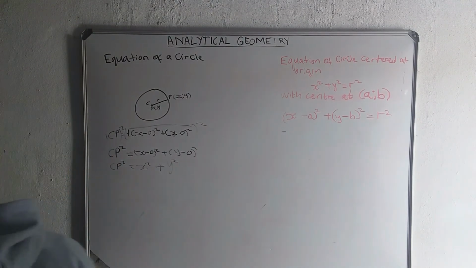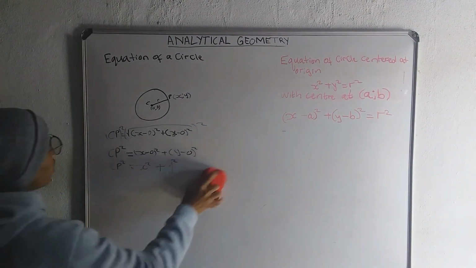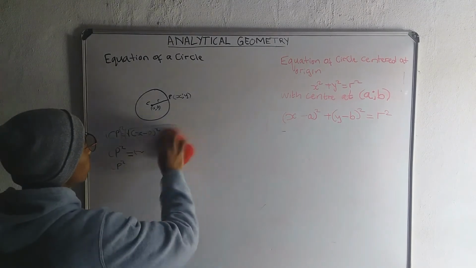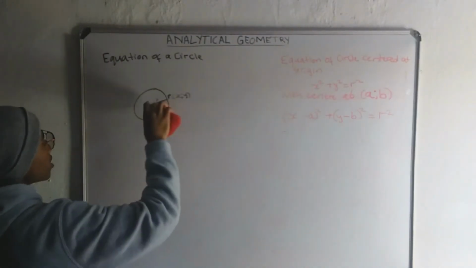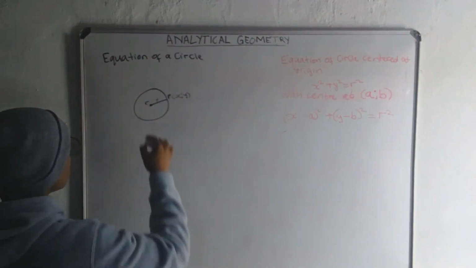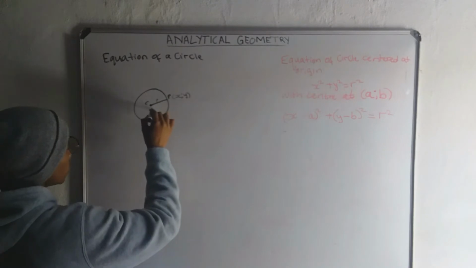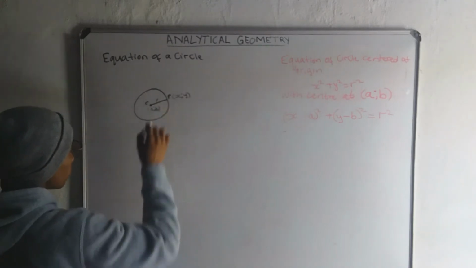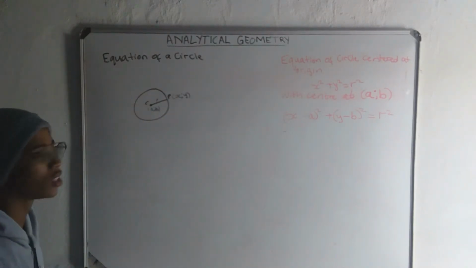But now, let's get to a situation whereby our circle is not centered at 0. Our circle is centered at point (a, b). We still know the distance formula.